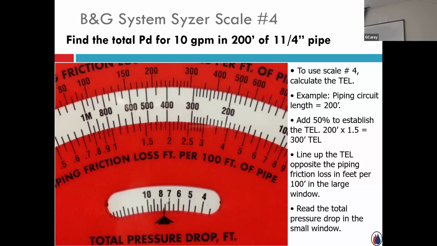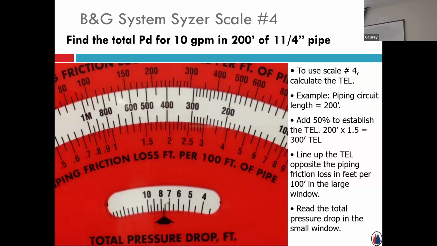Use scale 4. We have 10 gallons a minute and 200 feet of straight run of pipe. The first thing I want to do is add that 50%, because I don't know what the fittings are. I haven't listed them. So I'm going to say 200 times 1.5. Okay, I have 300 feet of TEL.